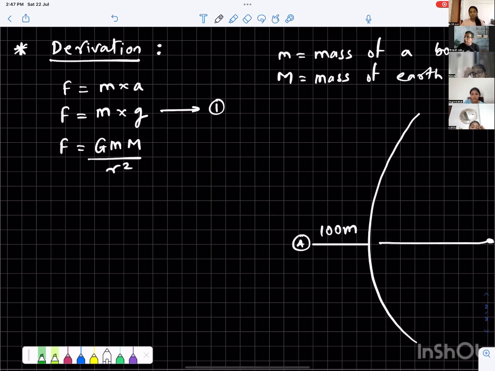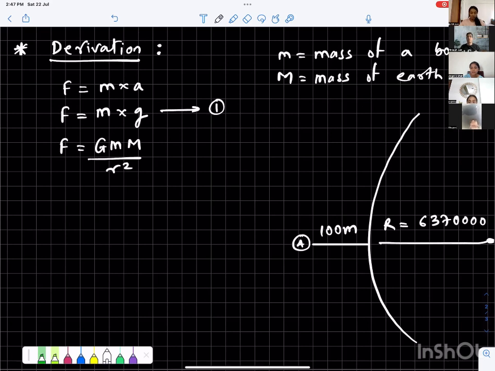Does anybody know the radius of the Earth? It's given in your physics textbook. I'll just check. The radius of the Earth is around 6,37 followed by zeros, that is 6.37 followed by four zeros, approximately, whatever value they have given.